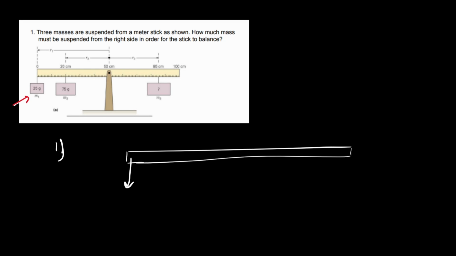So this force right here on your calculator will spit out 0.245 newtons. Okay, we have this 75-gram mass. And if you plug that into your calculator, that mass in kilograms times g, you'll get 1.715 newtons. Oops, wait. Sorry, I typed it in wrong. 0.735.